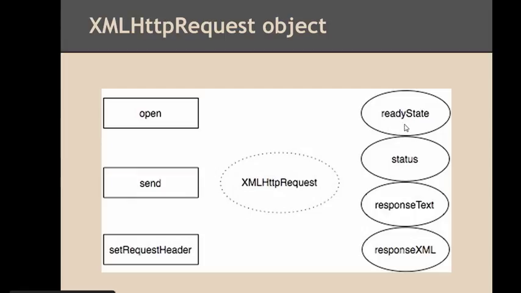This attribute is updated whenever an event occurs. And status means the result of the process. It's basically HTTP codes. We will get into the details in the next slides. And we have two more attributes that store the result of the process.